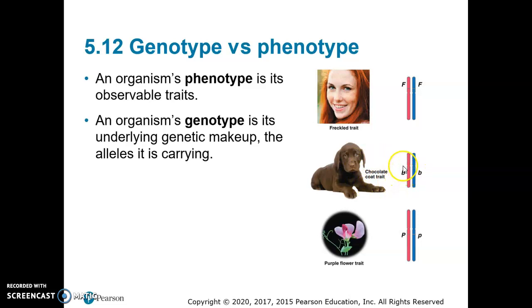If one of these was a capital B and coded for black coat, then that dog right there would actually be black. The only reason why it's brown is because it has two recessive alleles, and that's what it means to be recessive.